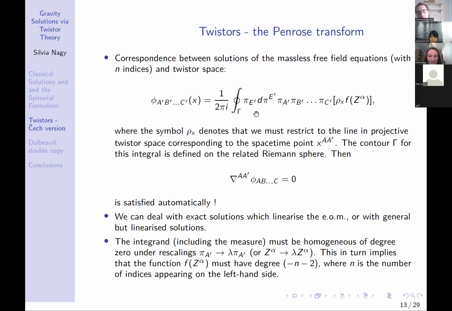So then it turns out that I have to have my function f have a degree n minus 2 in these rescalings. So you can quickly see why, because these pi's, each of them carry a degree 1. So here I have n indices, so I have n of these pi's, the measure has 2, so I have to have n minus 2 in order to cancel this and make sure that the field itself is invariant.